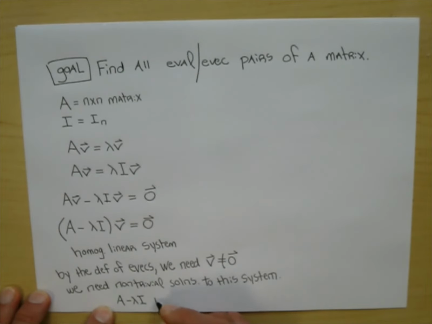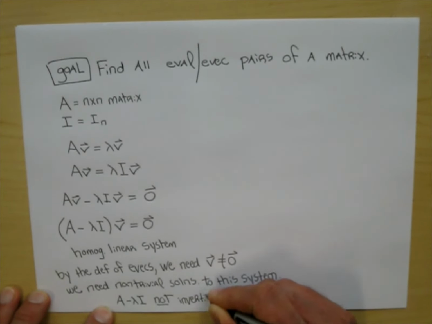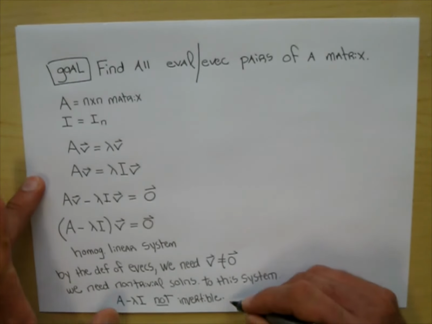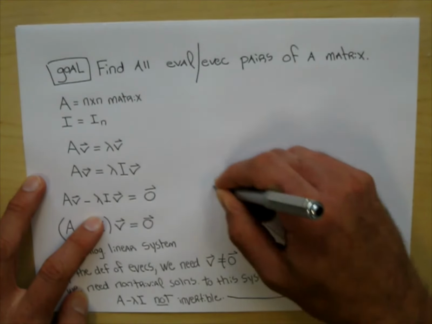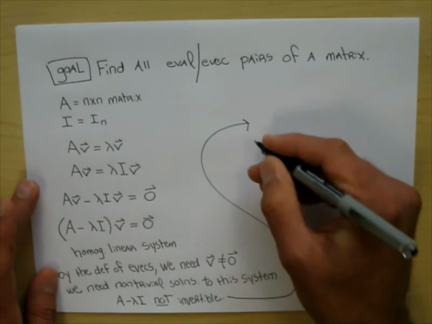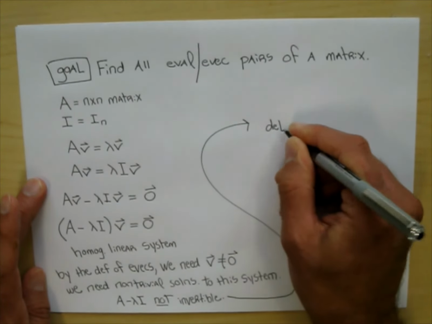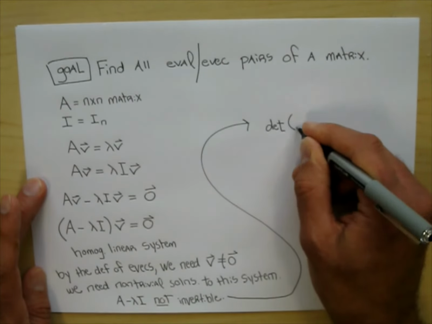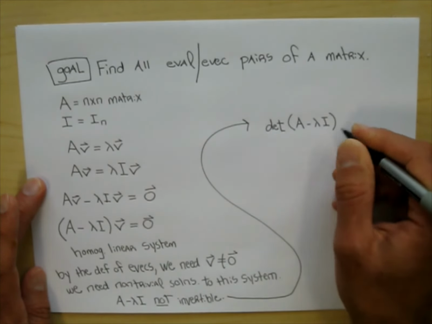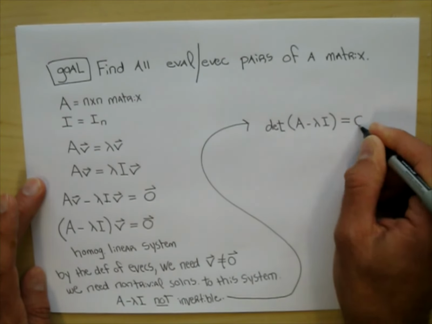So we need this to be non-invertible. Okay, I'm running out of space here. In order for A minus lambda I to be non-invertible, another way of looking at that is checking the determinant. The determinant of A minus lambda I equals 0.